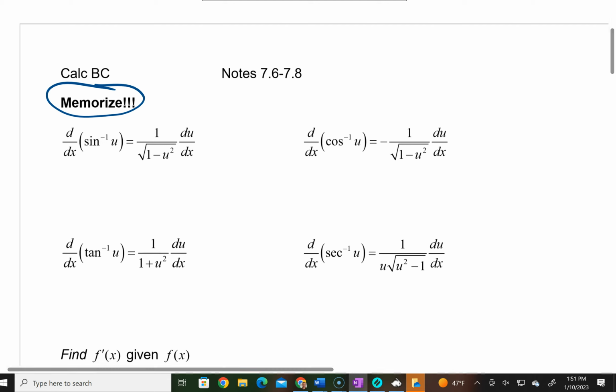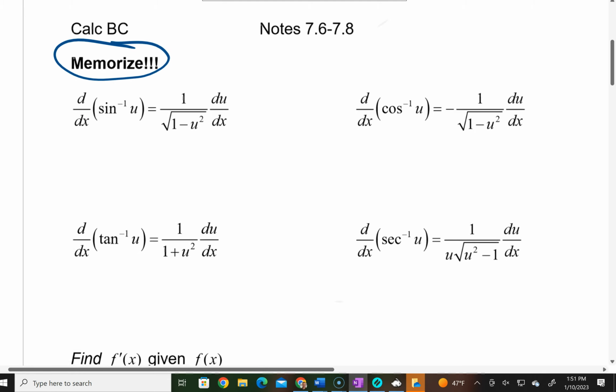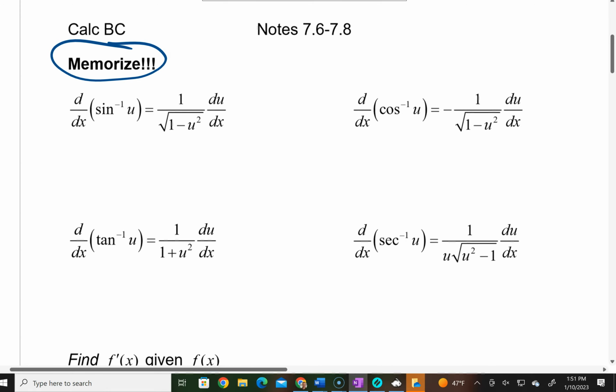You want to know these derivatives, and I don't have time to prove these derivatives, but down the road, if you're interested, you could read in the book, or perhaps in a future day I can help you. But look at this. Not the derivative of sine, but inverse sine.